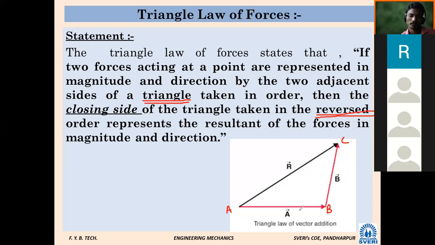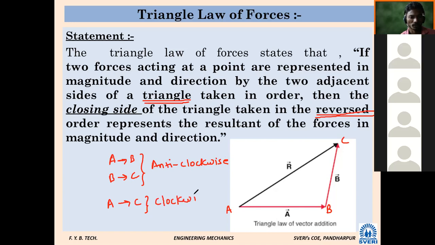A to B and B to C are anti-clockwise, and A to C is clockwise.